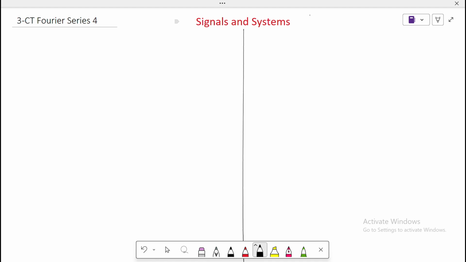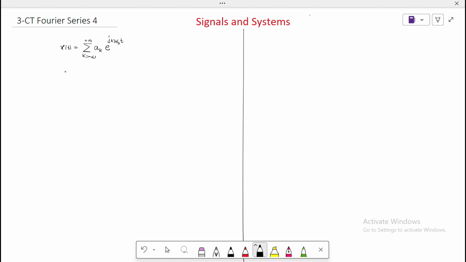Once again, I am going to write the Fourier series representation for any periodic signal. Any periodic signal can be written in terms of complex exponential signals. The continuous periodic signal x of t equals the sum of the Fourier series coefficient ak into e power jk omega naught t, k from minus infinity to plus infinity.